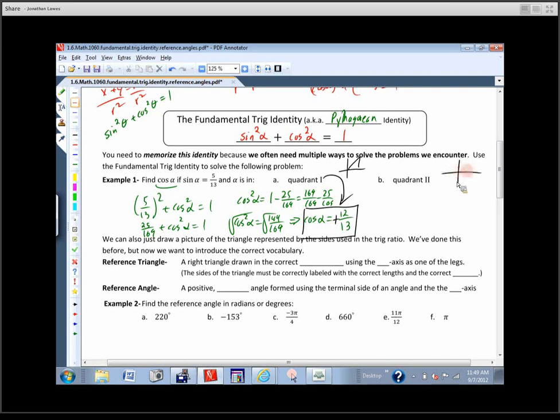Well, what if we're in quadrant 2? Then the x-coordinate or the cosine of that particular angle is going to be negative. So what's the answer on this one? Don't even have to do it. It's negative 12 over 13. We know that's the answer because the process would be the same. And there we go. Any questions?